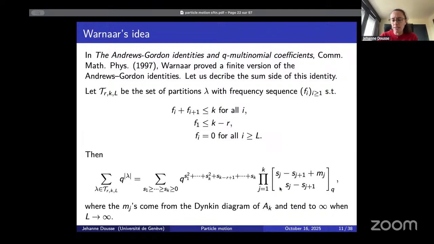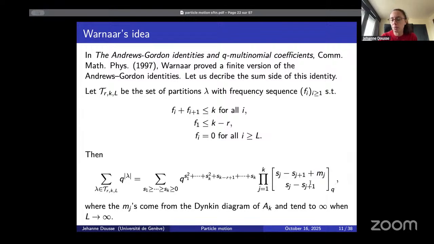So the details of the binomial coefficient here are not extremely important, but the only thing you need to know is that when L, the bound that he put on the largest part, tends to infinity, then those m's that are inside also tend to infinity.